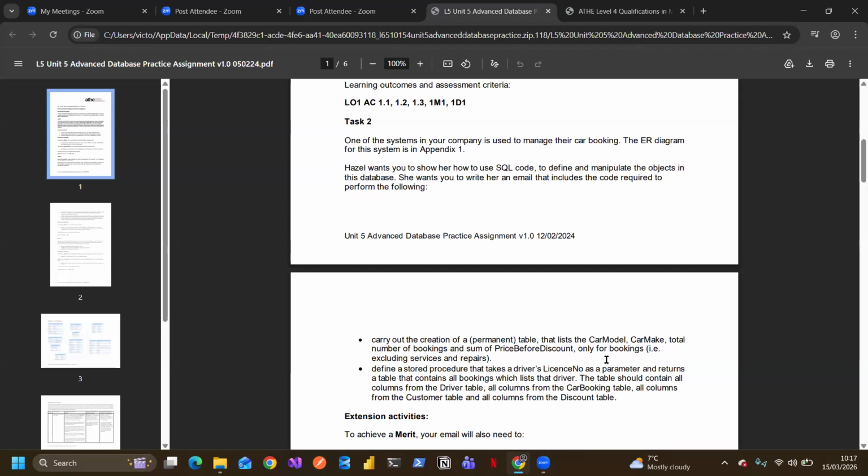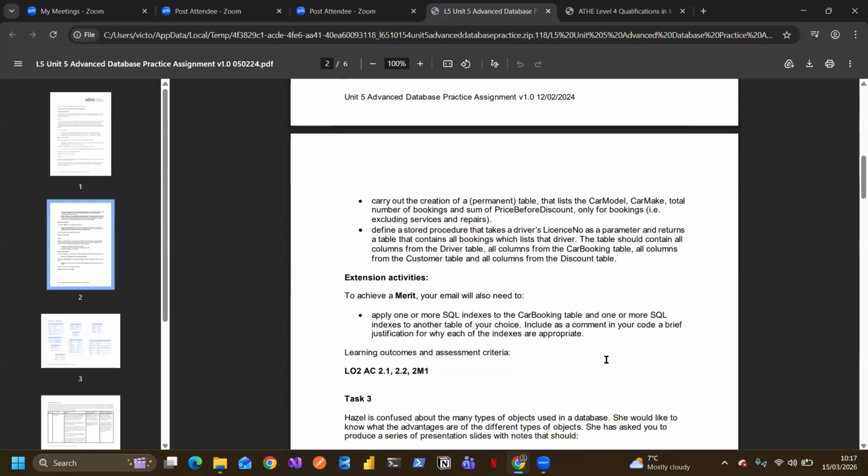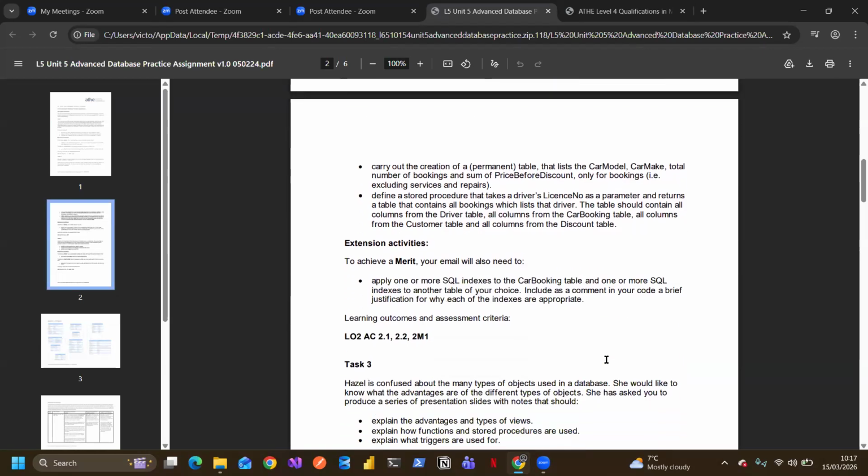She wants you to write her an email that includes the code required to perform the following: carrying out the creation of a permanent table that lists the car model, car make, total number of bookings, and sum of price before discount, only for bookings excluding service and repairs.